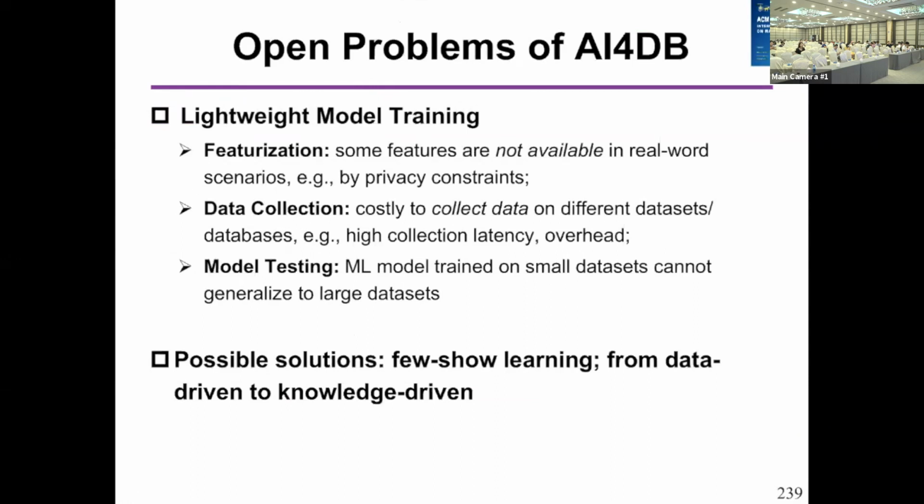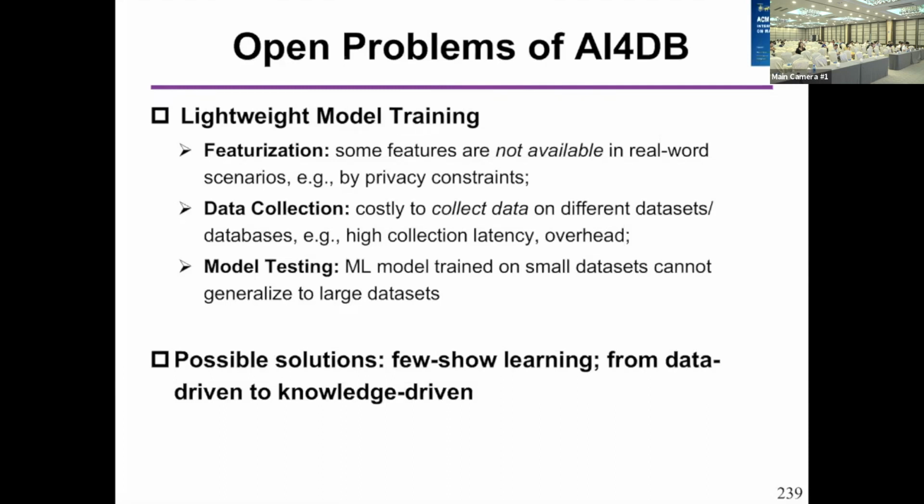So can we design a lightweight model training? And it's very important to utilize the training for different components. Or can we have some encoding methods that support knob tuning and some index advisor recommendation?